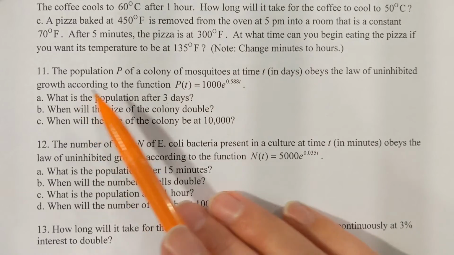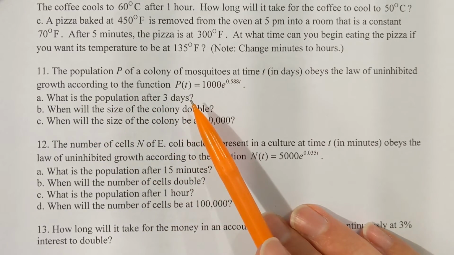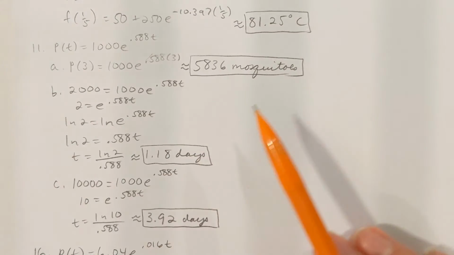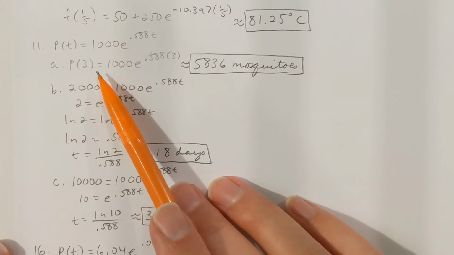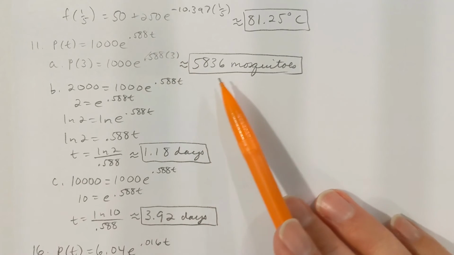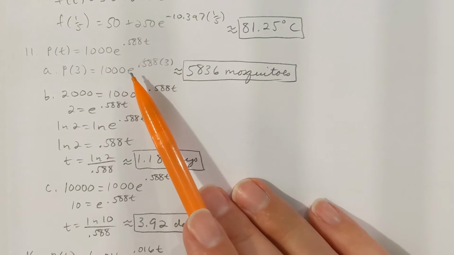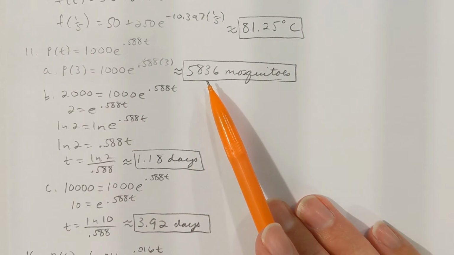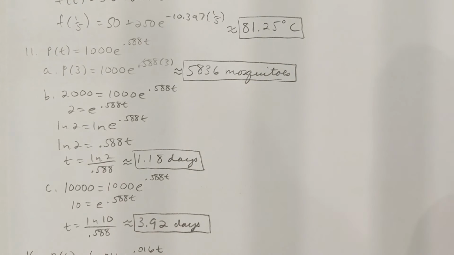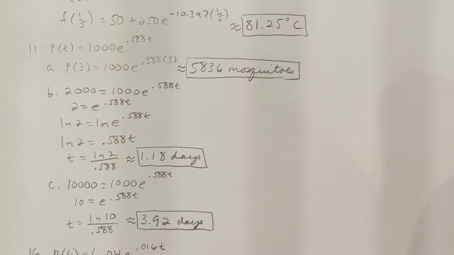Now I would like us to find the population after 3 days. So, well, t is the time, right? So I just plug in 3 and go to the calculator. I'm getting roughly 5,836 mosquitoes after 3 days have gone by.